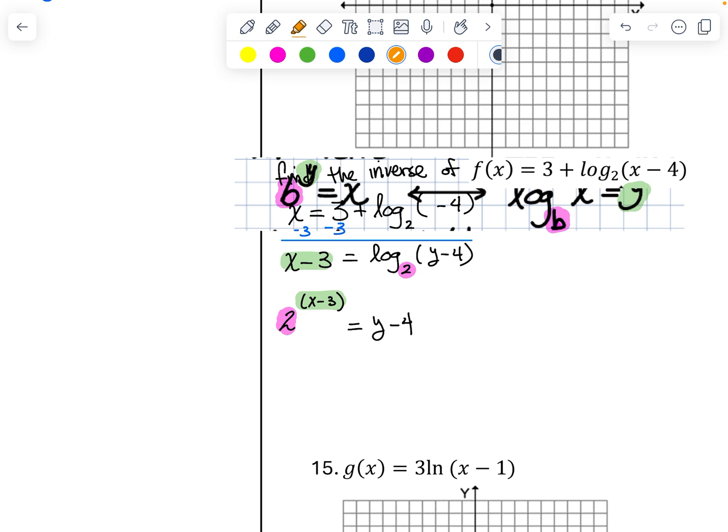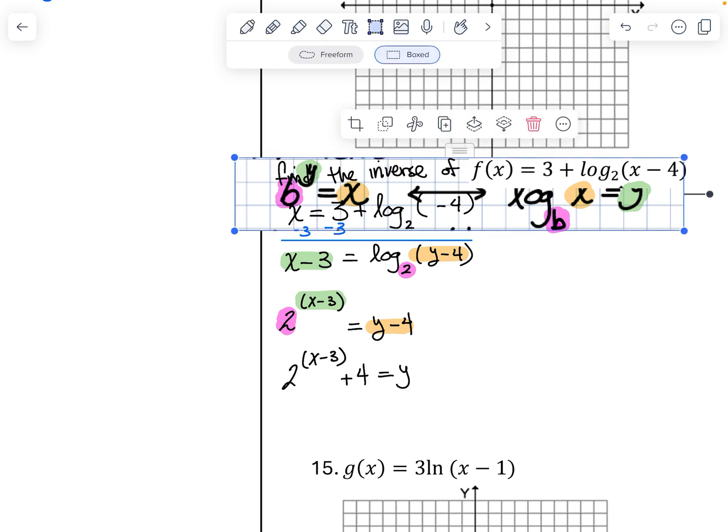And this piece right here is this piece right here. Our goal is to get y by itself. So now the 4 needs to move. So we have 2 to the power of x minus 3 plus 4 equals y.